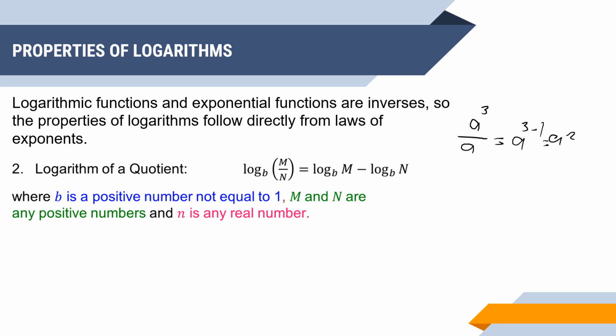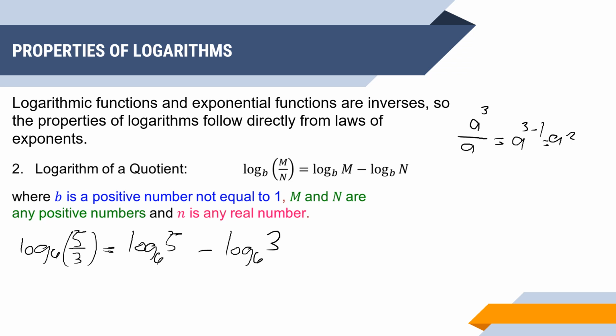So let's try some examples. For instance, I have here the log of 5 over 3 with base 6. Based from the logarithm of a quotient, this is just equal to what? The log of 5 with base 6 minus a log of 3 with base 6. Right?